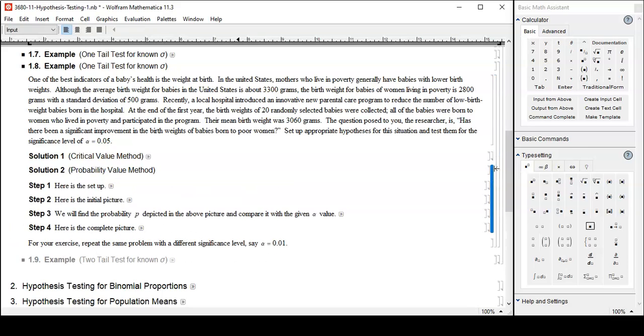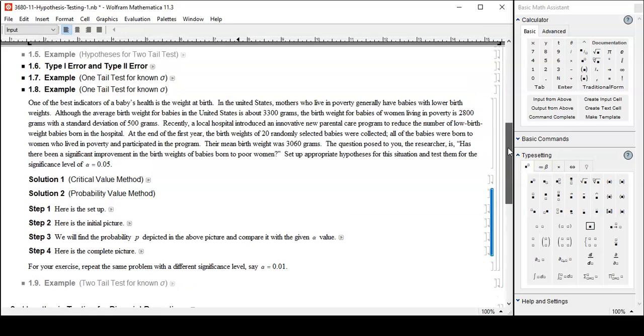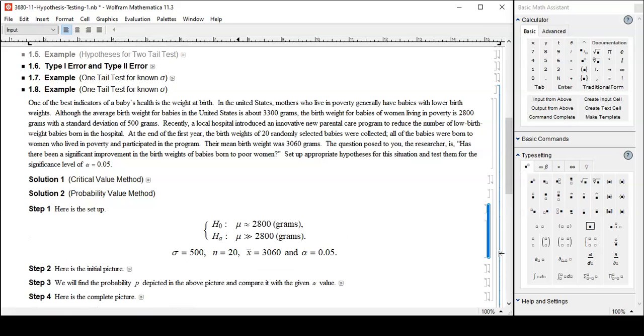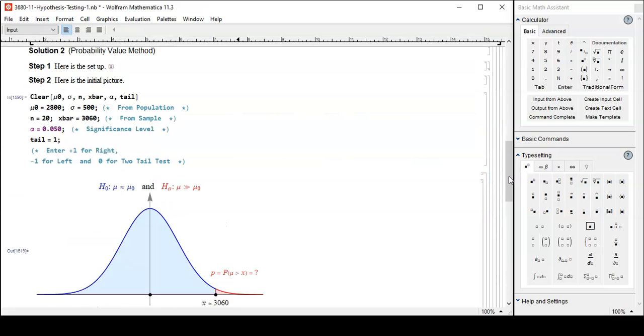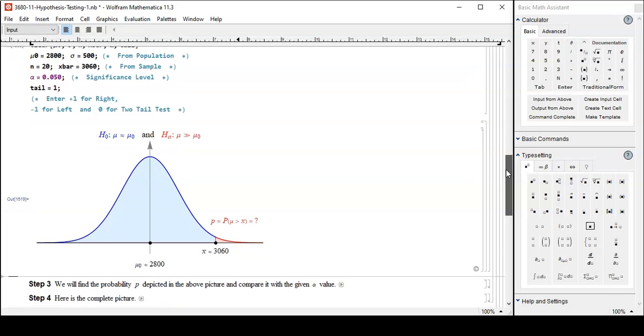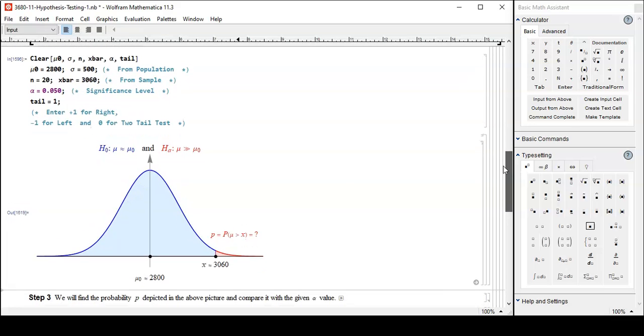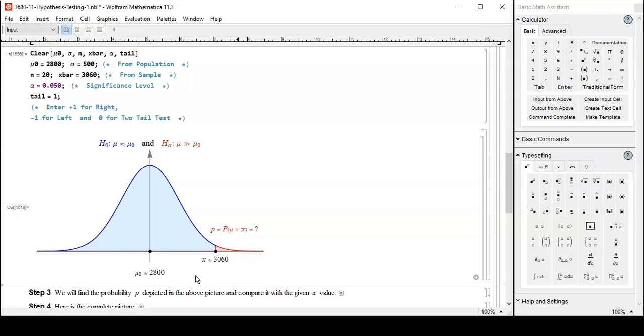Now, how about the probability value method, which is a little bit more sound in terms of theory? No, not even that. I'll say it's push. Same setup and same hypothesis. Here is the initial picture for the probability value approach. 2800 and then just x bar 3060 and find out the probability value, the p-value.